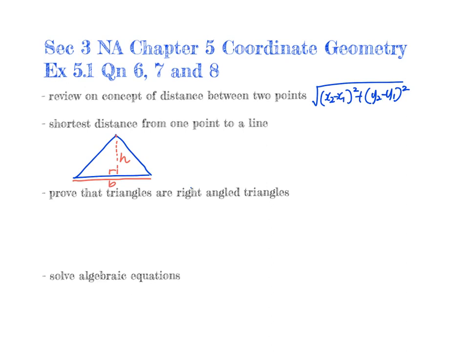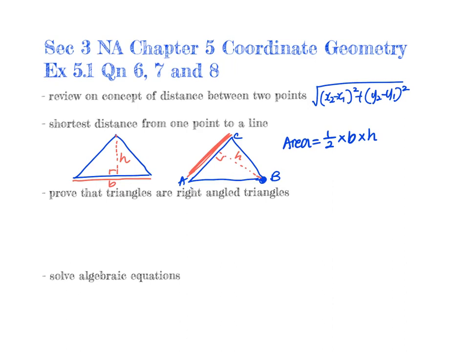But now if I have the same triangle, but they ask me to find the distance from one point to a given line, let's say point B to AC, the area will stay the same, but this perpendicular distance now changes to here, and the base will now be AC. So we are going to use area of triangle is half times base times height, just that we find a different pair of base and height.